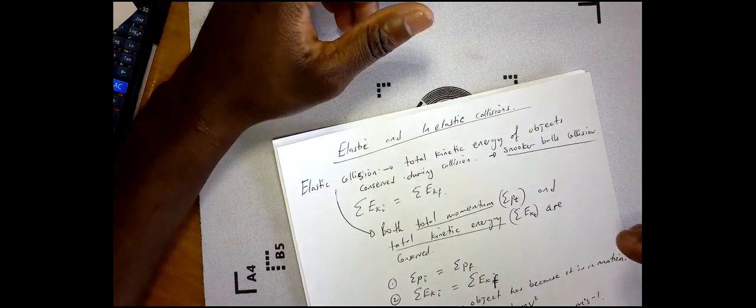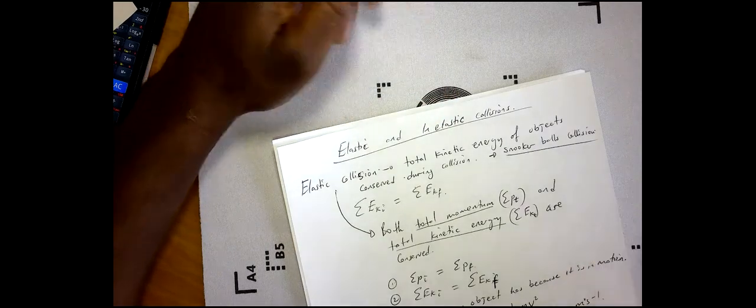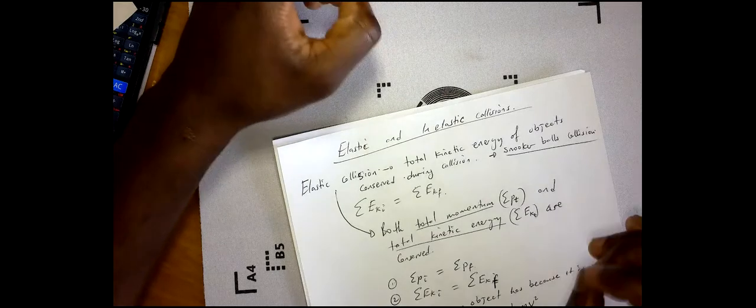So during the collision, total kinetic energy and total momentum are conserved. Remember, the law of conservation of momentum, nothing can break it, because momentum is always conserved. But in the other case, kinetic energy may or may not be conserved. Elastic collision involves objects that don't lose their kinetic energy.